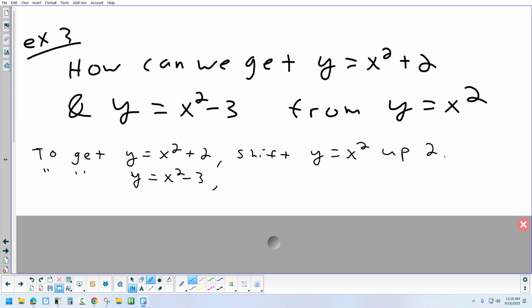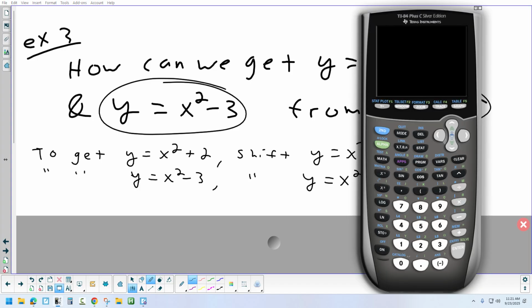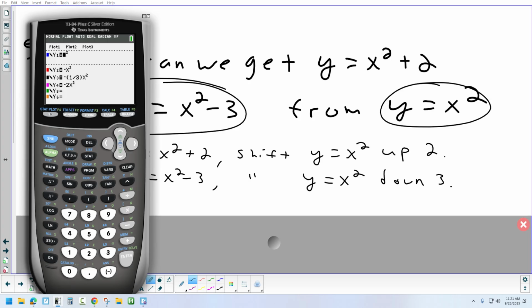So if you're starting with this one and you're going to get that one... Oh, okay, so if you start with the original, you go down 3. Yeah, we just go down 3. Okay, so the plus 2 and the minus 3, we just shift it up and down.